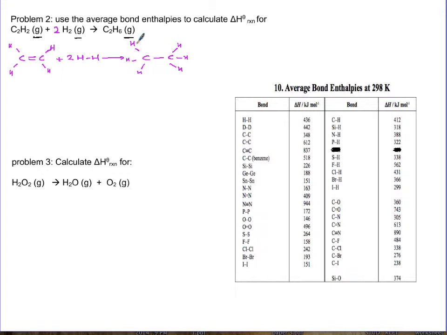And then I'm going to plug in my values, but before I do that, let's see what bonds we are breaking. I'm breaking 4 C-H bonds, I'm also breaking 1 C=C double bond, and I'm also breaking 2 hydrogens attached to each other, so 1 H-H single bond.